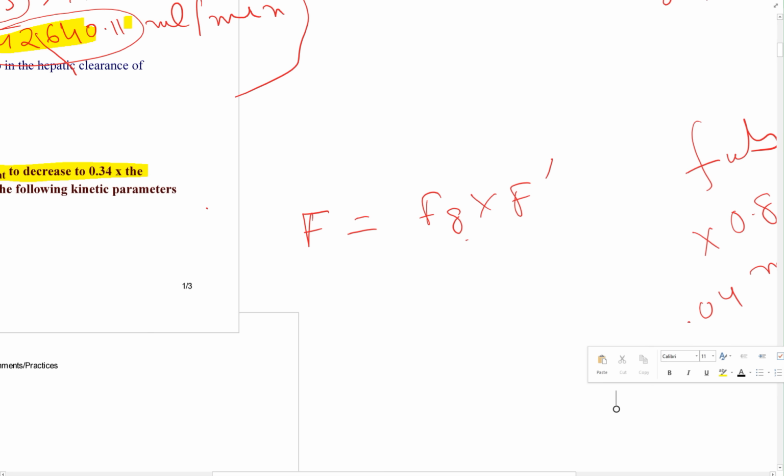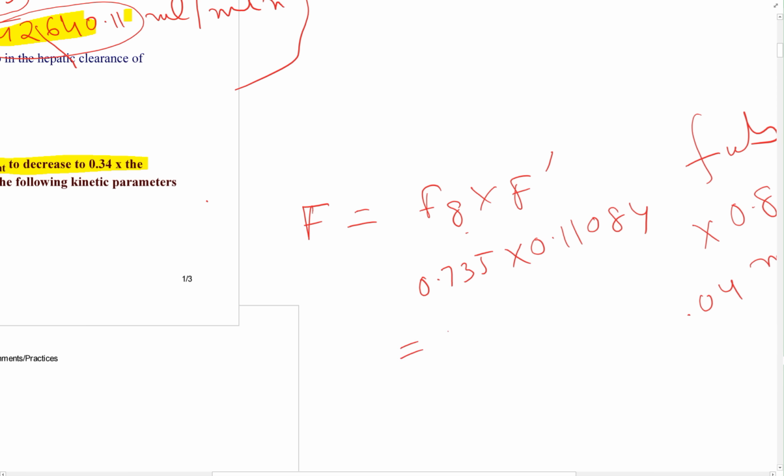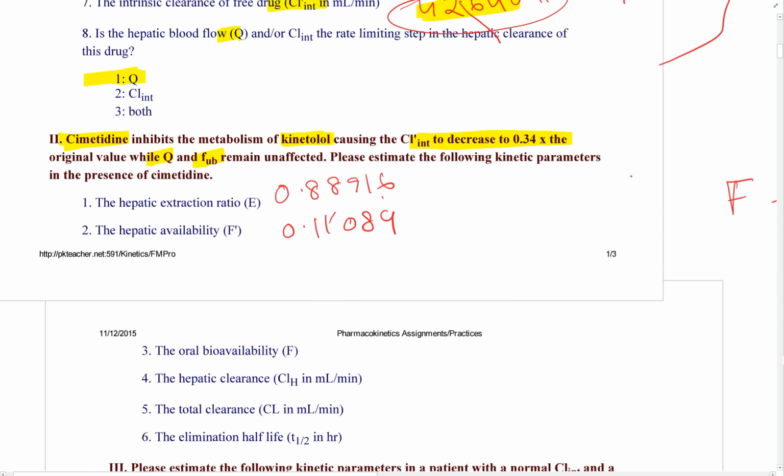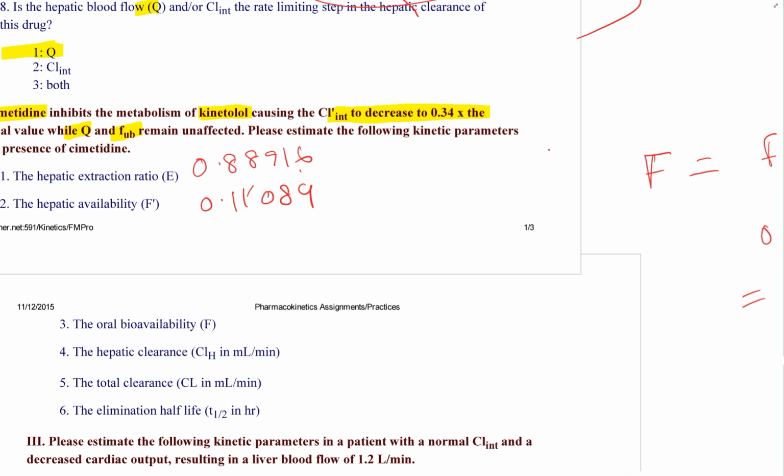So 0.735 times 0.11084 is going to be 0.08151. So this is going to be the oral bioavailability, which is 0.08151.